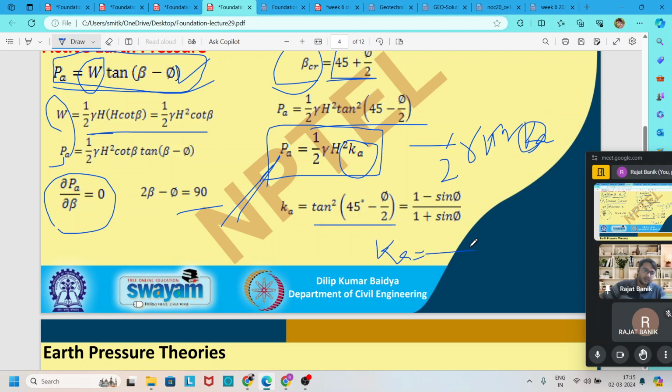For the active case it is 1 minus sin phi by 1 plus sin phi. For the passive case it is the inverse of K, that is 1 plus sin phi by 1 minus sin phi.